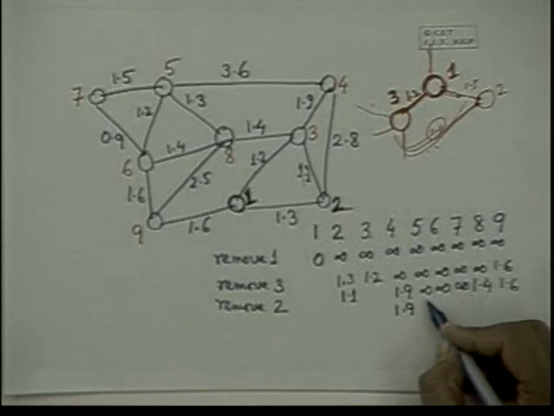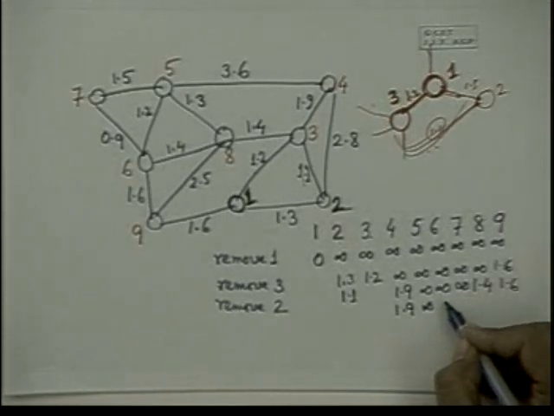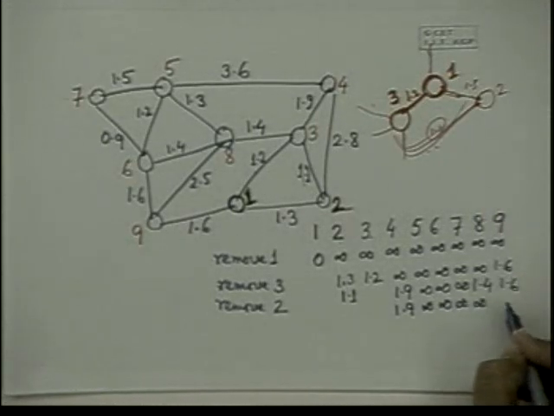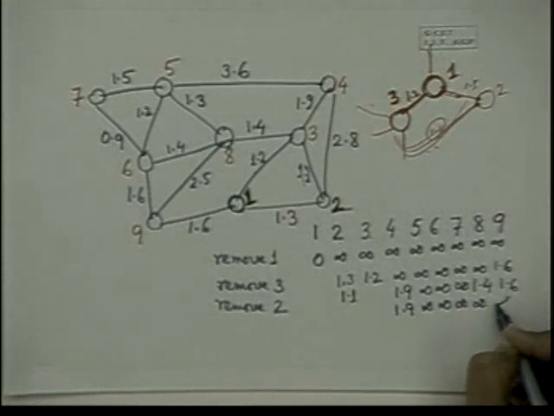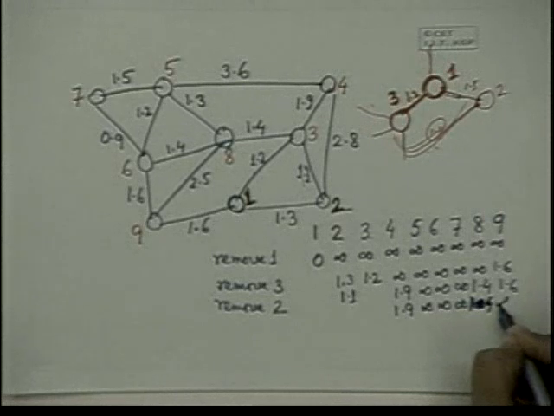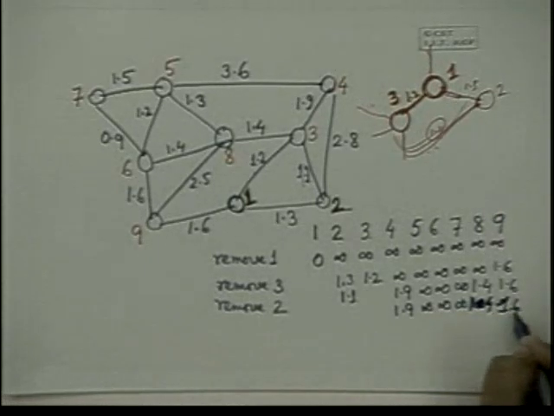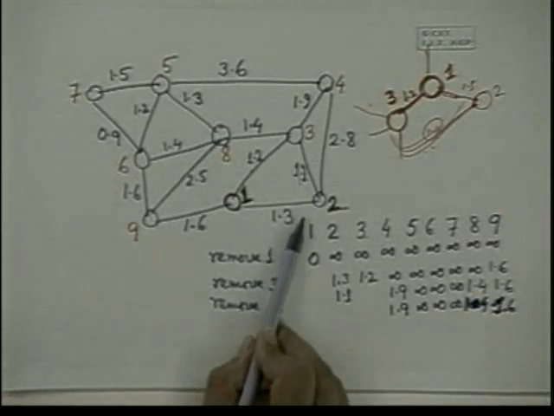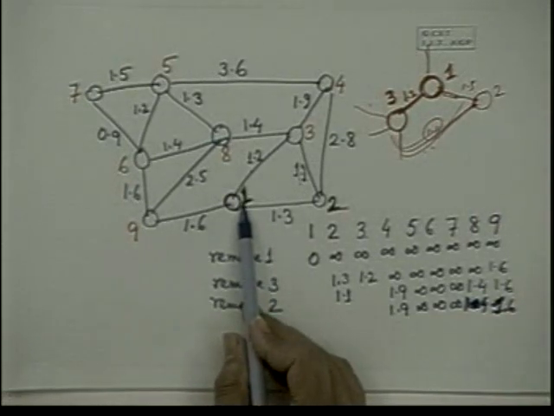4 remains. Is 5 affected? No. Is 6 affected? No. 7 is not affected. 8 is not affected. And 9 is not affected. This remains 1.4. This remains 1.6. And you see why we have to check whether 1 is already in the priority queue.